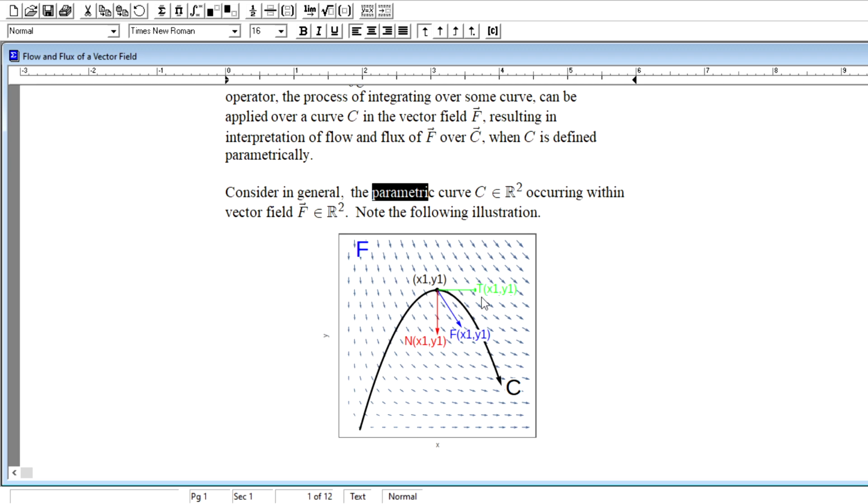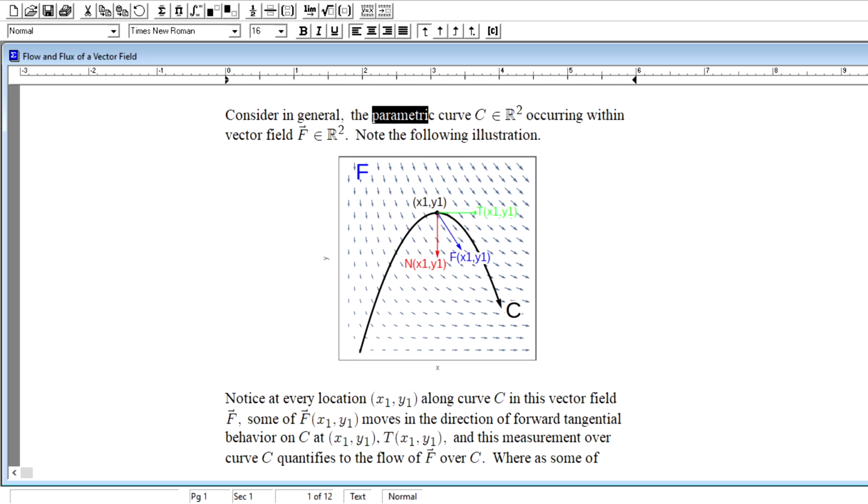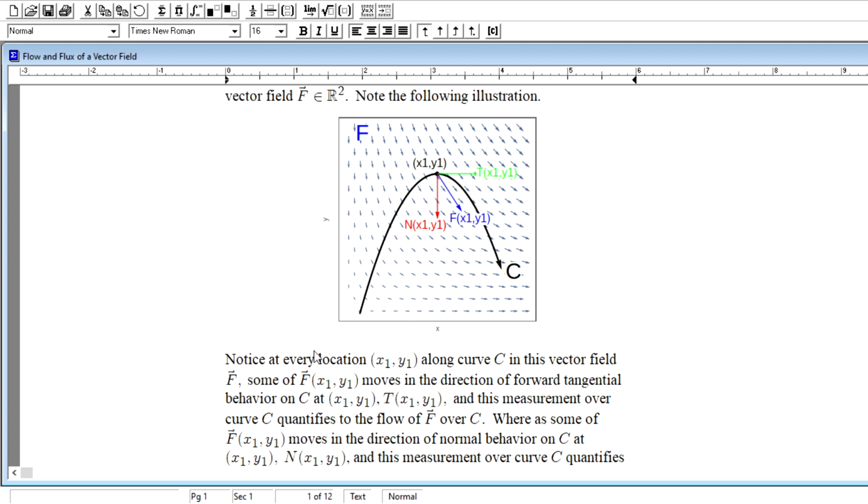What we can take note of in this illustration, I do summarize down below. And what we say is, note, at every location x1, y1 located along this curve within this vector field F bar, some of that vector field at x1, y1 moves in the direction of what we think of as being forward tangential behavior on C at that location, which is denoted by vector T bar.